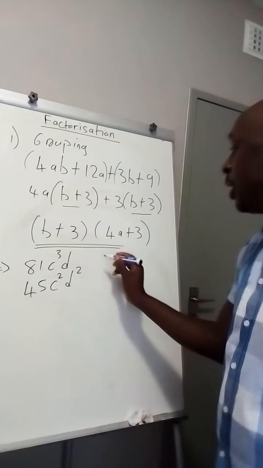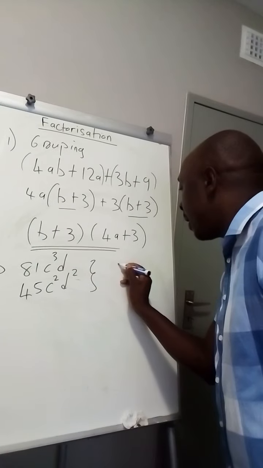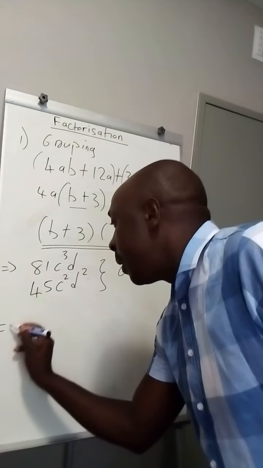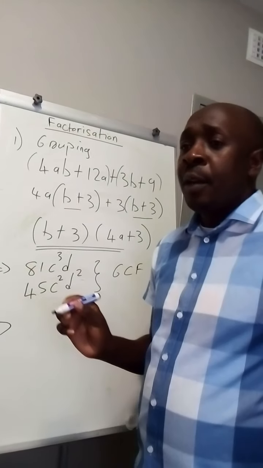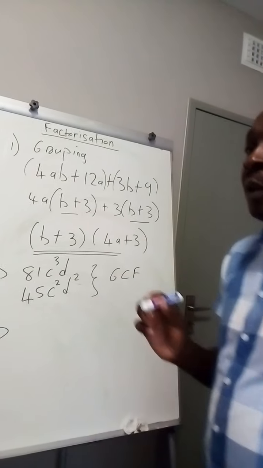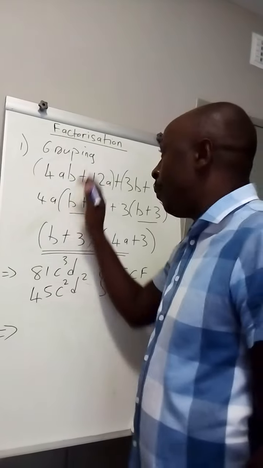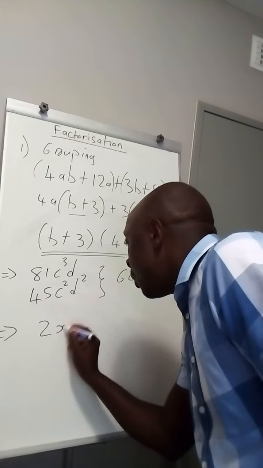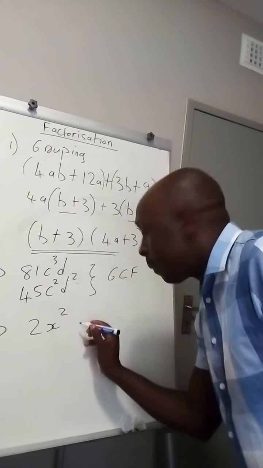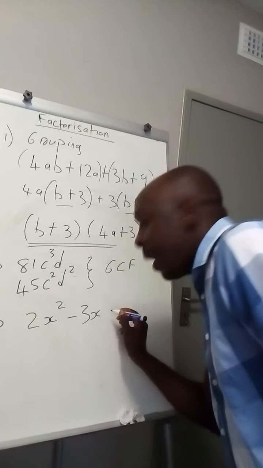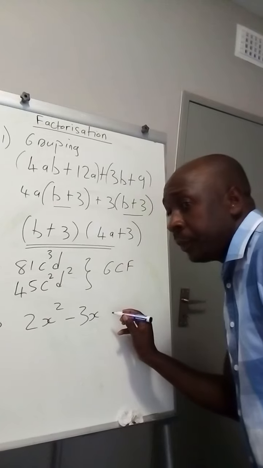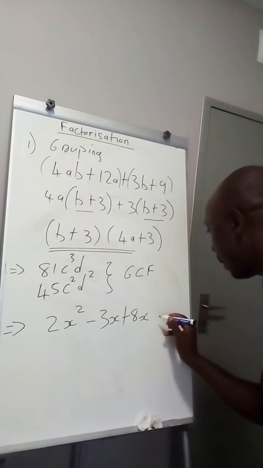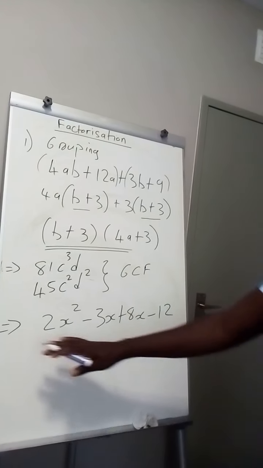For the second one, factorize by the method of grouping: 2x squared minus 3x plus 8x minus 12.